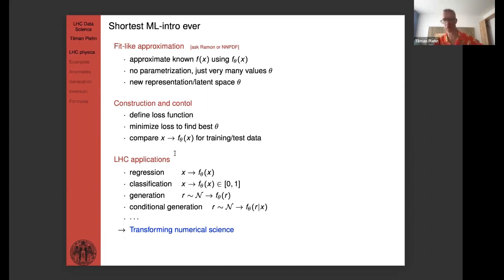The most recent addition is conditional generation, where you do the same generation but assume a certain other aspect of the data. We'll talk about this later, but regression, classification, and generation are the kinds of networks you're using. And these 3 networks transform numerical science.